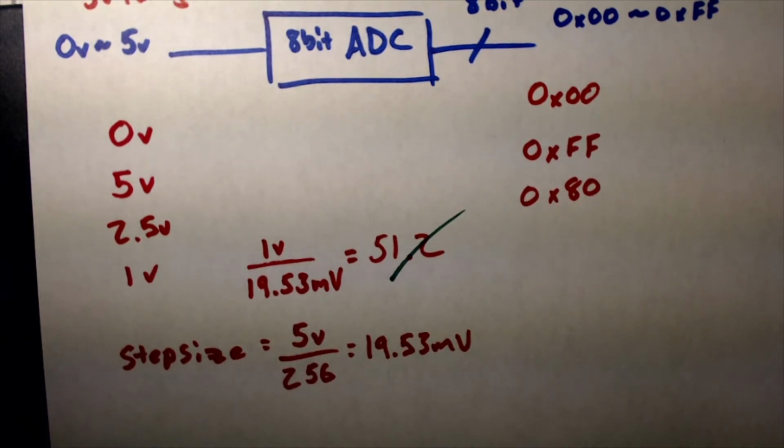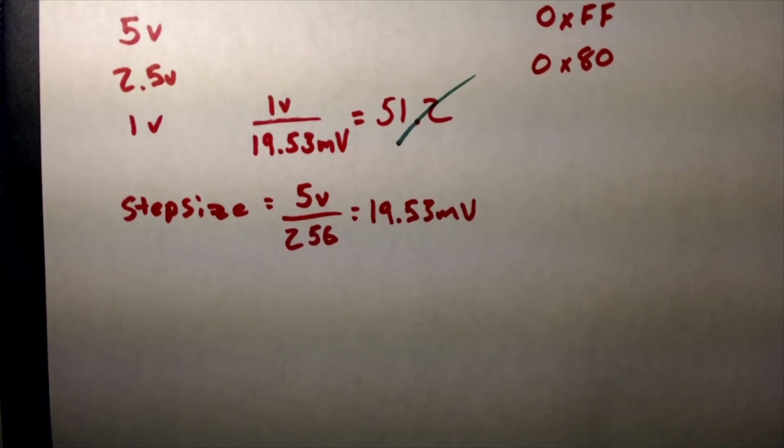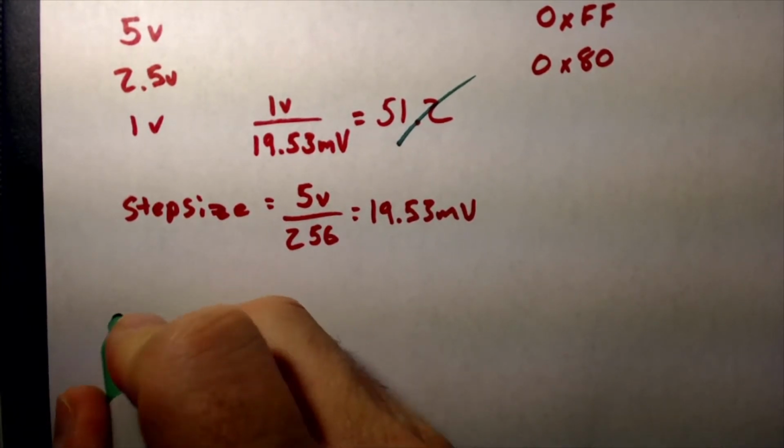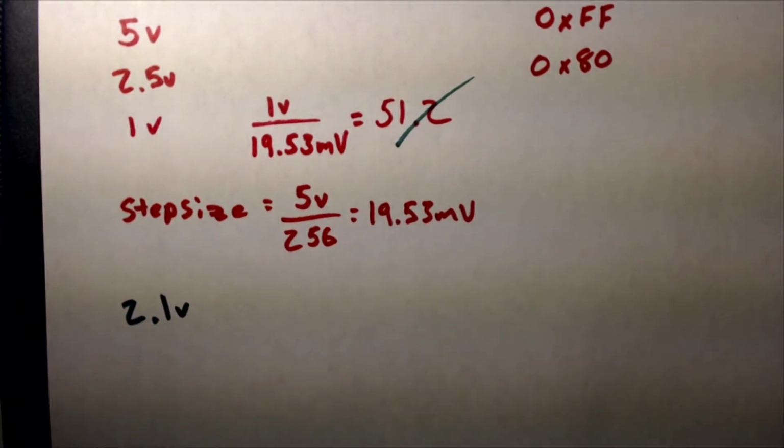Okay, what about if we gave our analog digital converter a value of 2.1 volts? What does that get converted into?